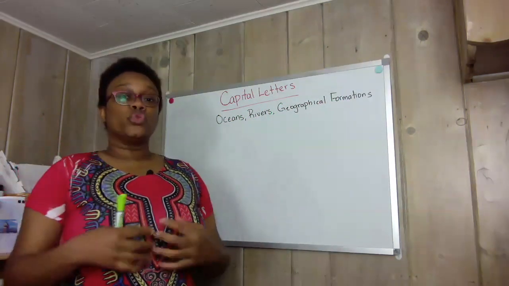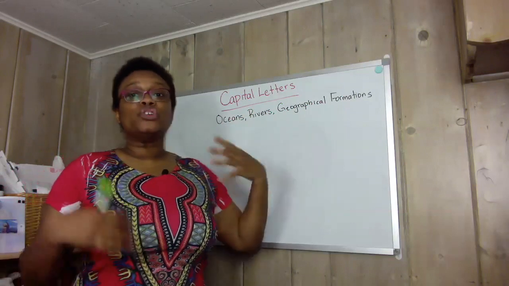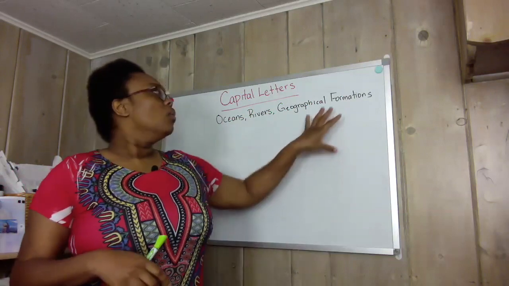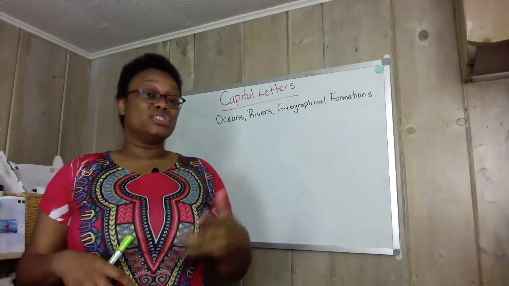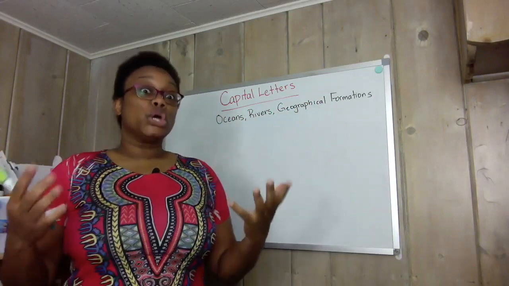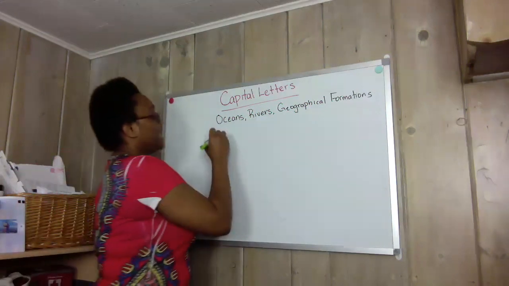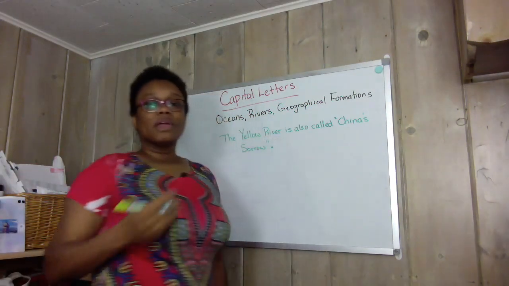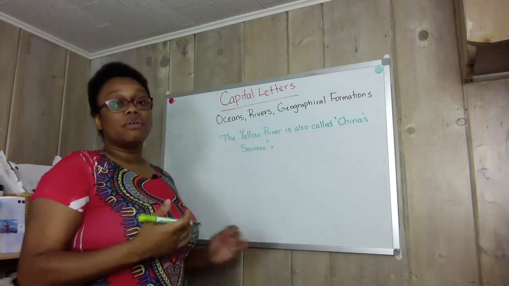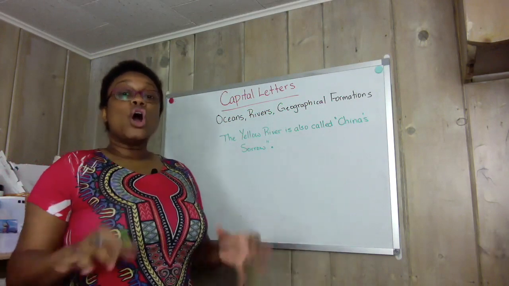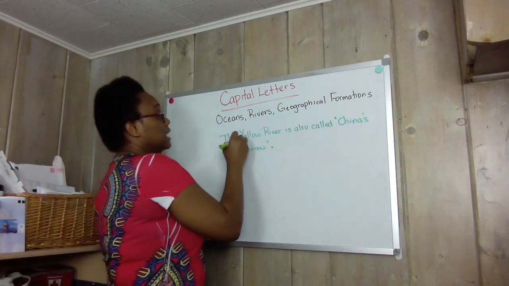So the fourth group that we capitalize in the English language are oceans, rivers, and other geographical formations. What I mean by geographical formations, it could be mountains, deserts, volcanoes, plateaus, right? Things like that. So for example, I could say, the Yellow River is also called China's Sorrow. There are two features here that get capitalized.